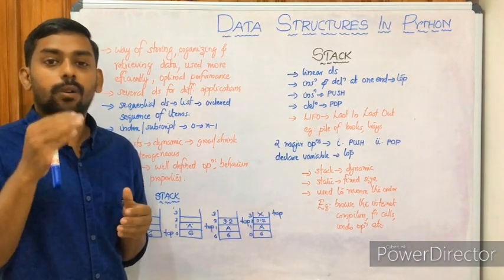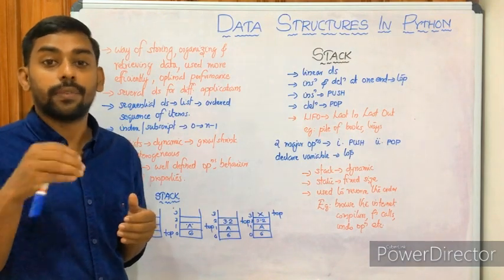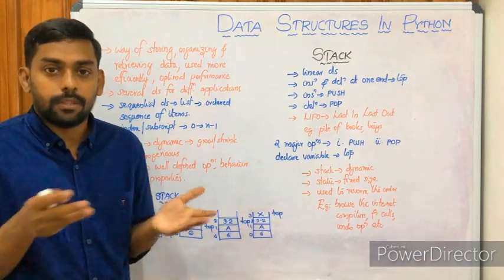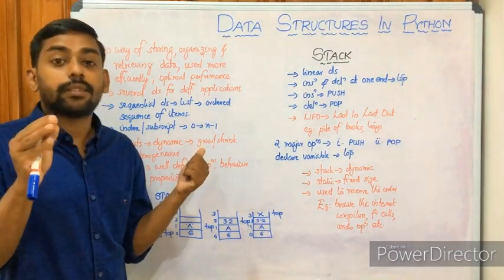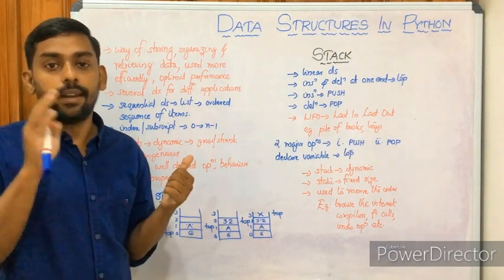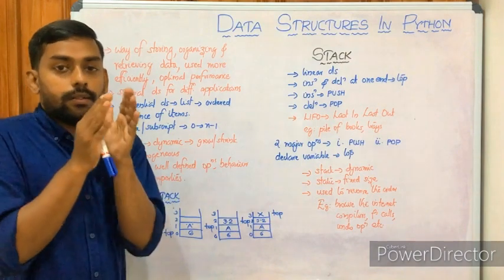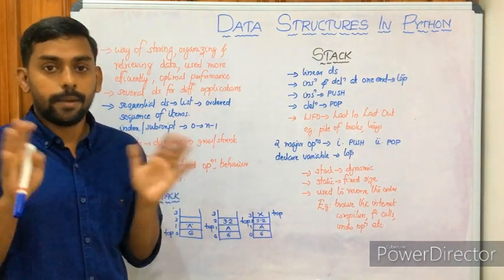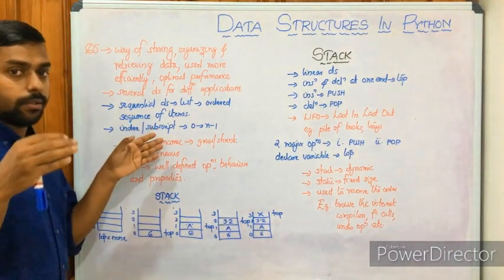Index or subscript is just like the page number of a book. In Python or in any programming language, index starts with 0 and ends with n-1, where n means the total number of elements, or we can say 0 to last minus 1. The concept of index or subscript is used to access the elements.